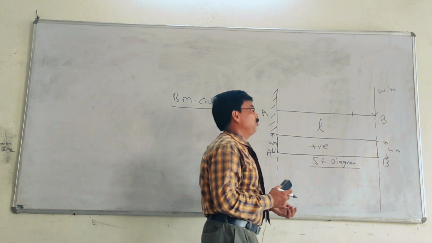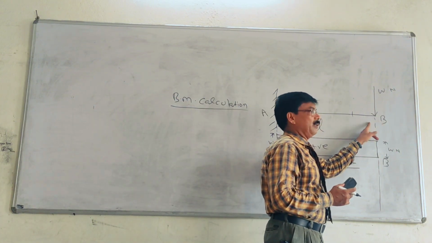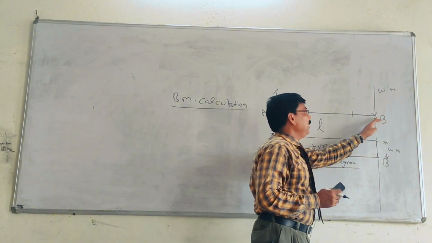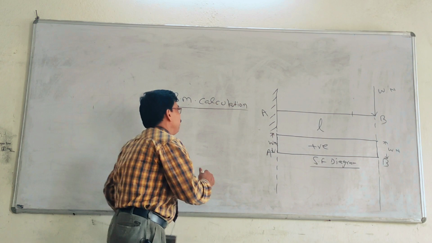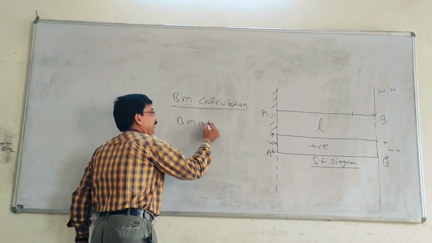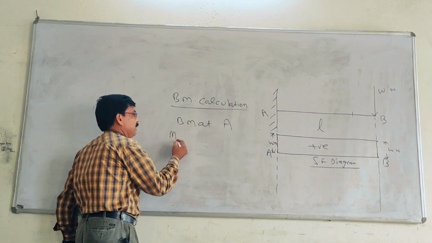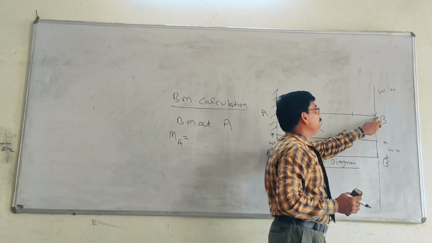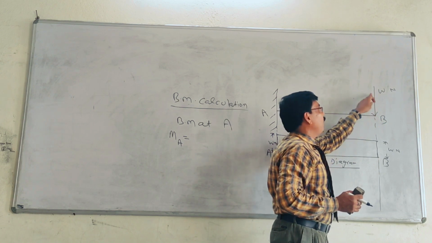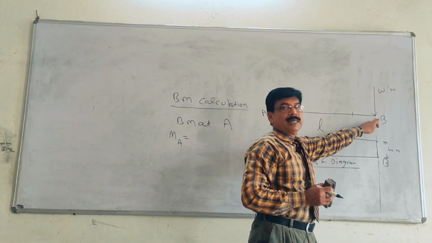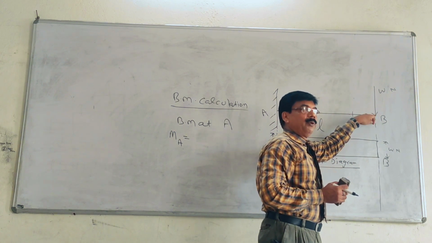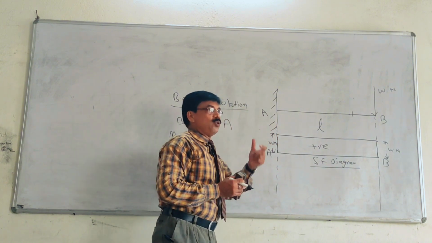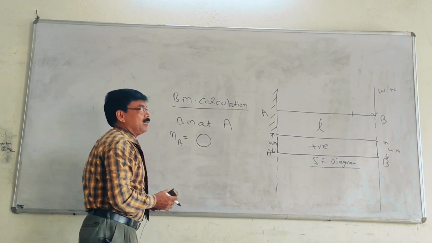During shear force we took right of B, left of B and shear force at A, but for bending moment we need exactly the value at B and the value at A. So bending moment at A is mathematically represented as MA. At B, W Newton load is acting but with no perpendicular distance. Load value W Newton but no perpendicular distance, which means nil, means 0.